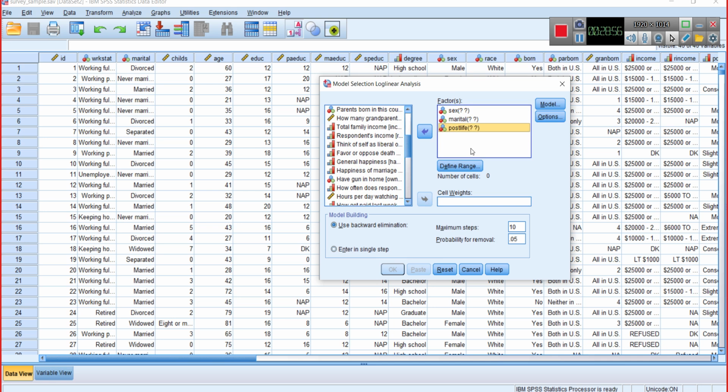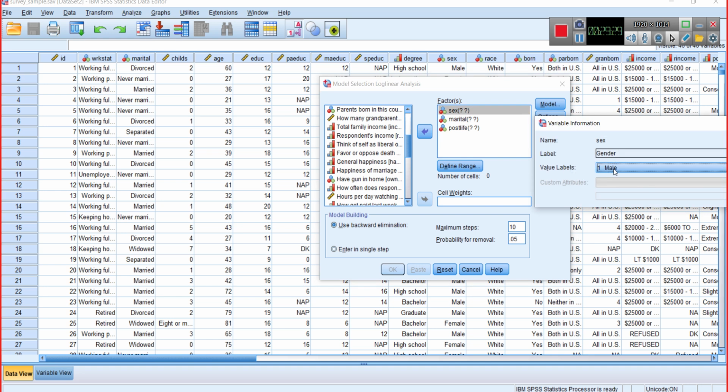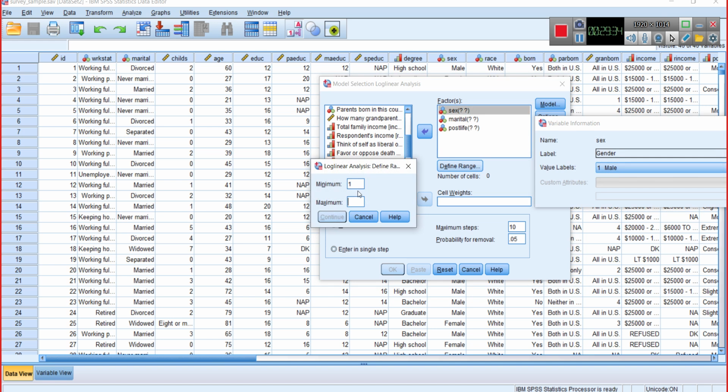These are three variables that may form some networks: combinations of two variables, combinations of three variables, and the single variables are the hypotheses that are going to be tested in this simple model including three variables. For example, for the sex, we have male and female in a range of 1 and 2.